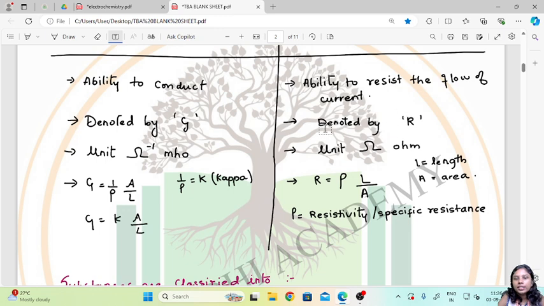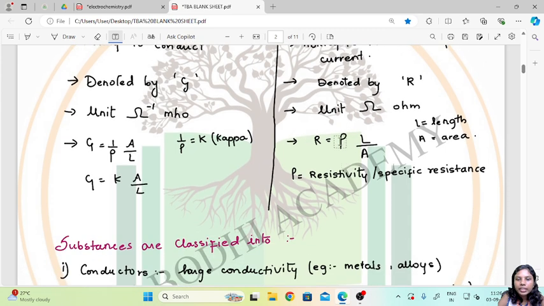Resistance is denoted by capital R. Its unit is ohms, and it is given by the equation R equals rho L upon A, where L is the length of the conductor and A is the area of cross section.